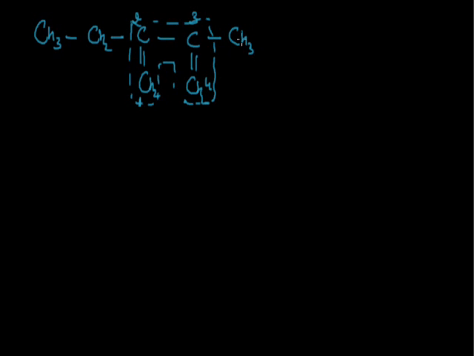On the other hand, if we do the numbering in a manner that we start the numbering from this one and do the numbering like first, second, this can be treated as the third carbon and this one can be treated as the fourth carbon atom. So the position of the multiple bond in these two cases will remain the same, but the position of the substituent will be different.